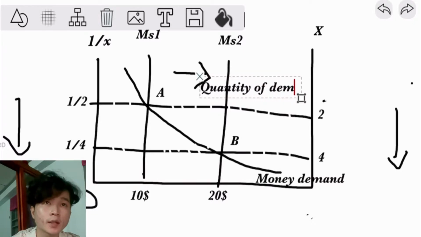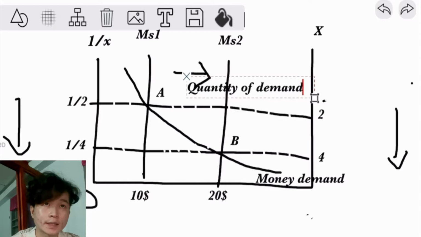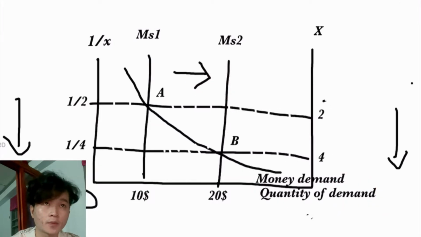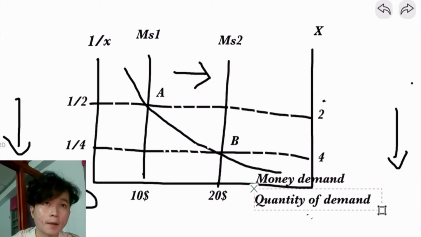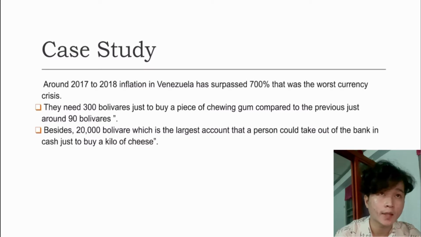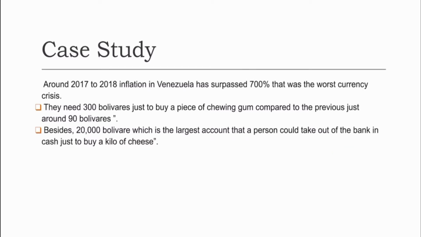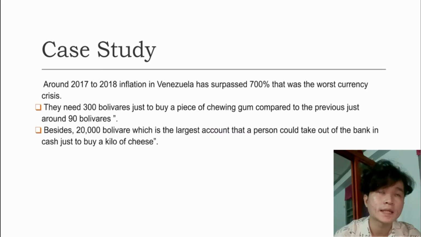Thus, an increase in the money supply makes dollars more plentiful. The price level increases and makes each dollar less valuable. In a study around 2017 to 2018, inflation in Venezuela surpassed 700%. That was the worst currency crisis.